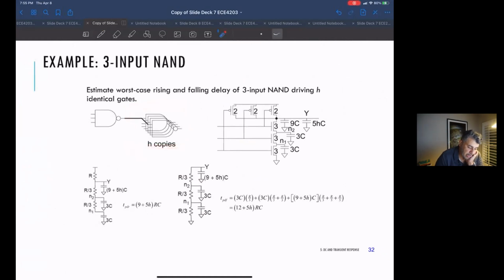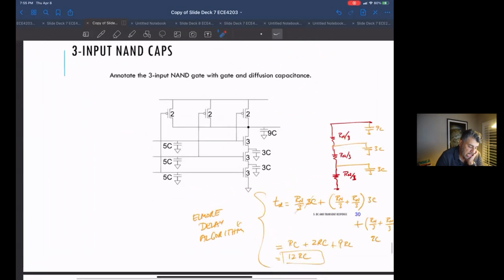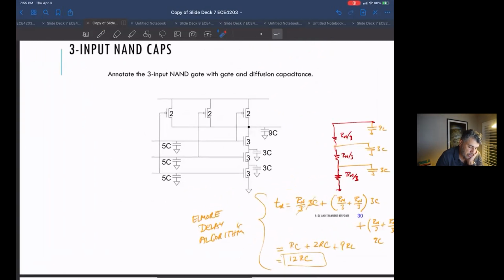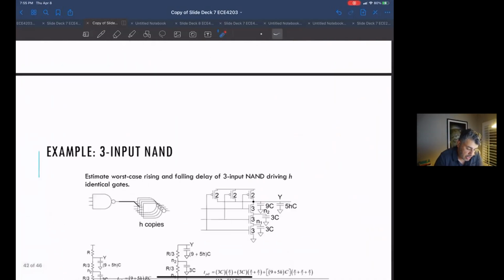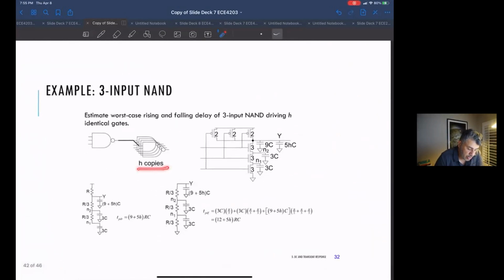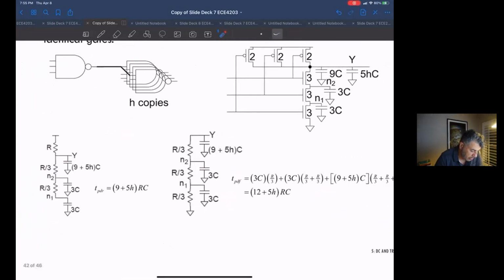The total input capacitance of this guy, remember, was 5C. So if you're driving another gate like yourself, you have to drive 5C of extra capacitance. And if you're driving H of those, you're driving 5HC of extra capacitance. And so they go through and do the same thing like we did.